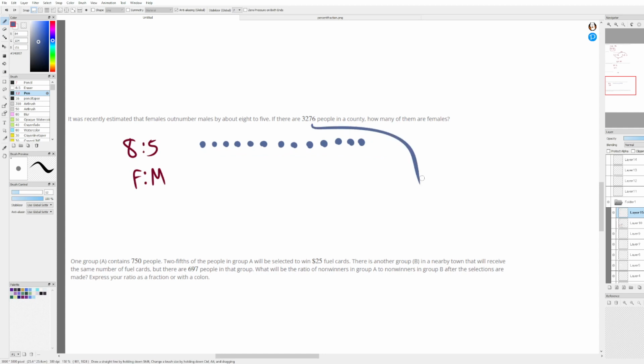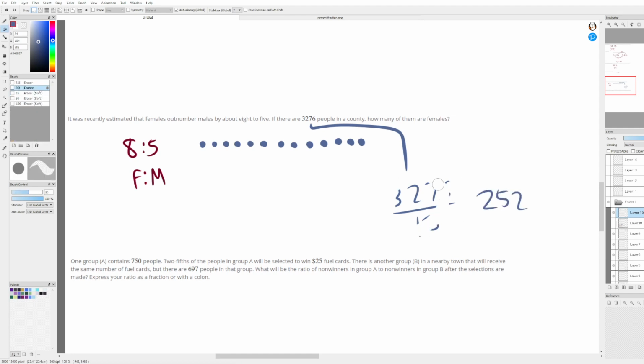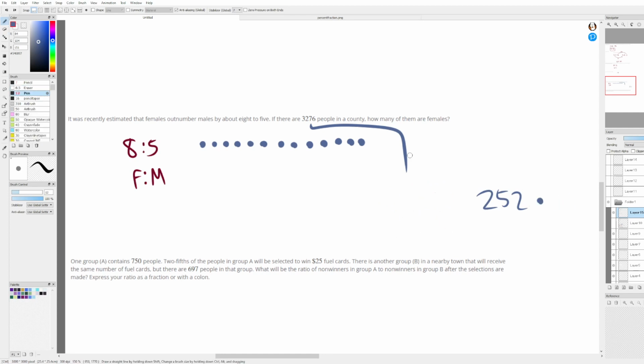If we can take 3,276 and turn that into groups of 13, what we can do is divide 3,276 by 13, which gives you 252. Now when you multiply 252 by 13, you get this 3,276 number.